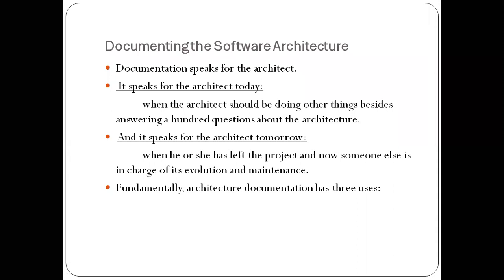Even then, by seeing the design or documentation, anybody can take charge to develop that particular project. That is for future purposes. Clear? And fundamentally, architecture documentation has three uses.